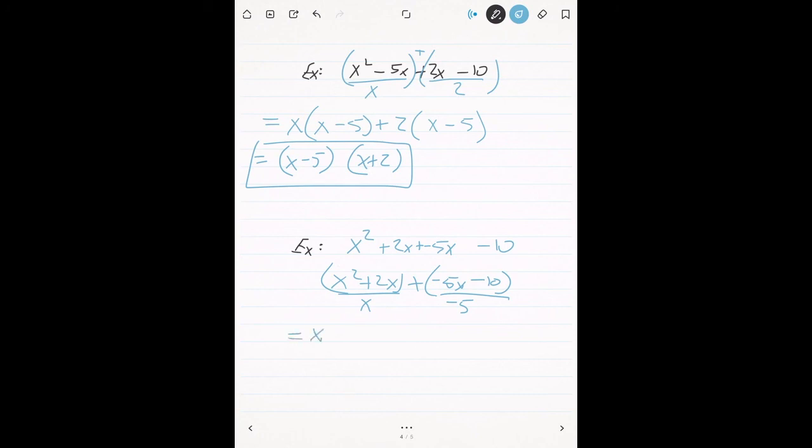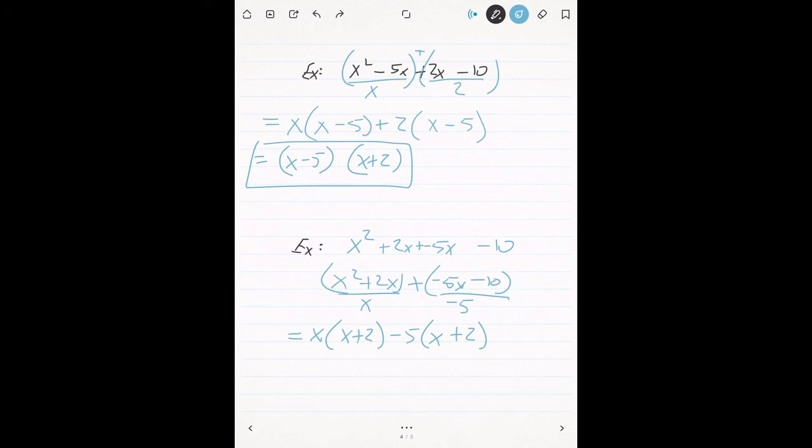When I factor out the x, in the first group I'm left with an x plus 2. In the second group, when I factor out a negative 5, I divide negative 5 by everything. I'm left with an x and a positive 2 again. Remember, negative 10 divided by negative 5 is positive 2.